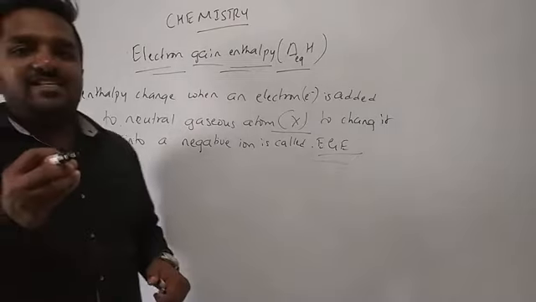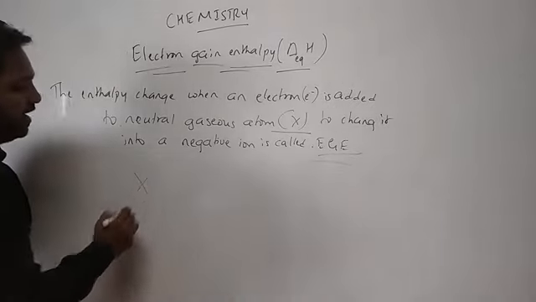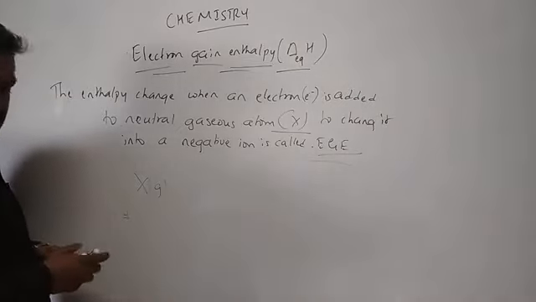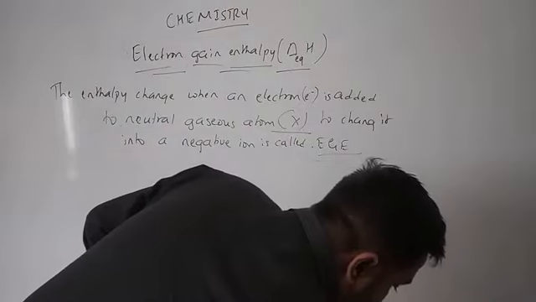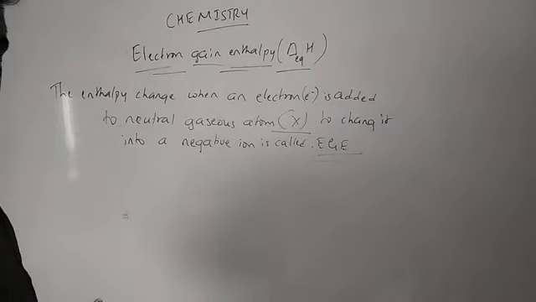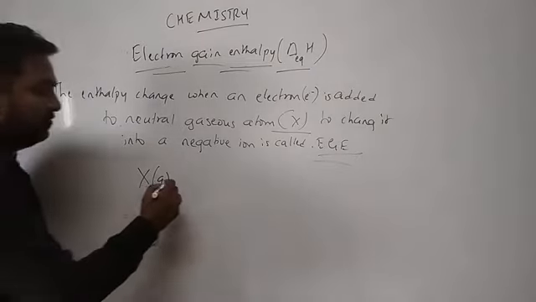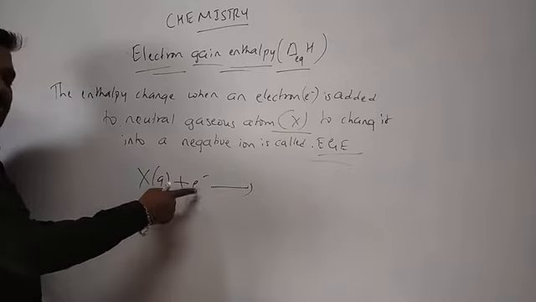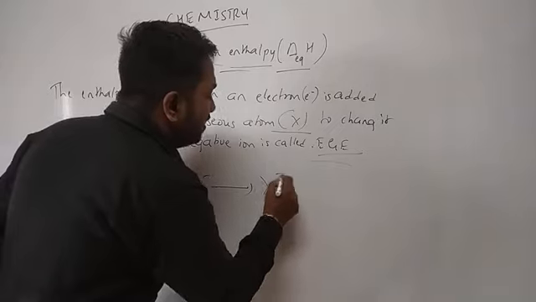Let us check out the standard equation for this. We have the neutral gaseous atom, that is X. When an electron is added to it, we know that electrons are negatively charged particles, so the atom acquires a negative charge.